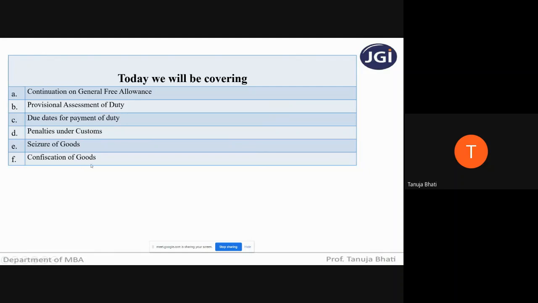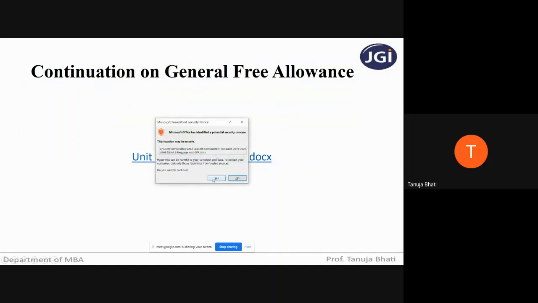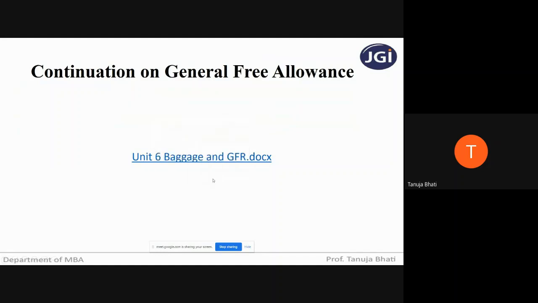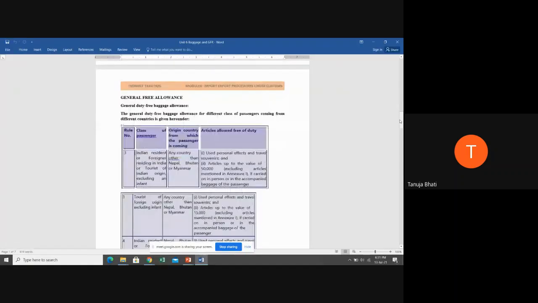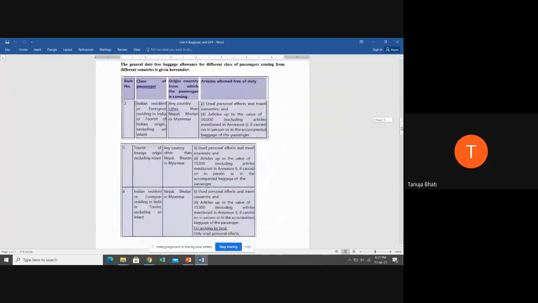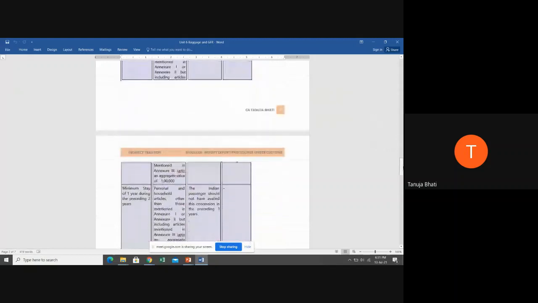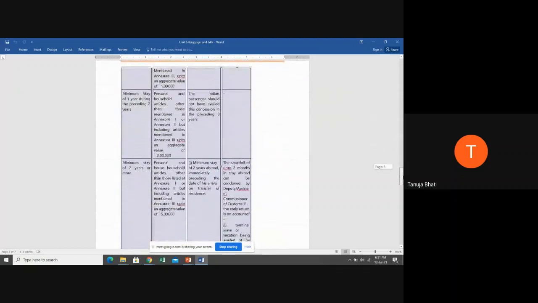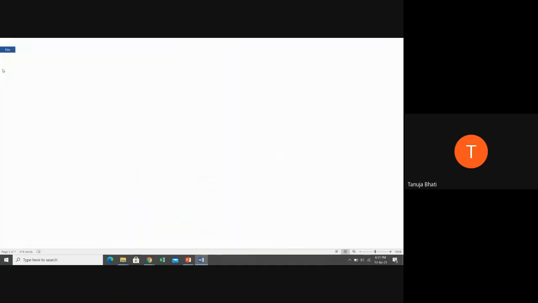So let us first see the continuation which we had left on general free allowance, and then we will begin with the rest. In general free allowance, we had already seen a certain portion and we were remaining with the remaining part. So let us continue.